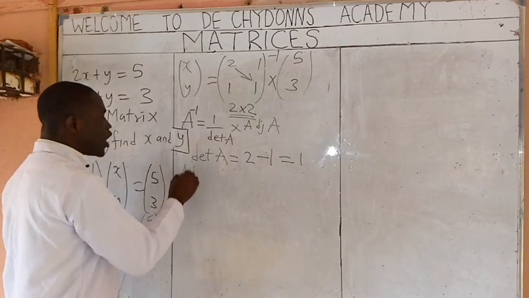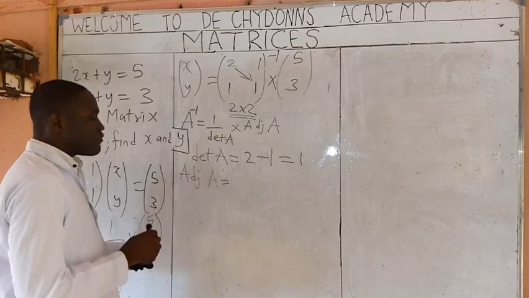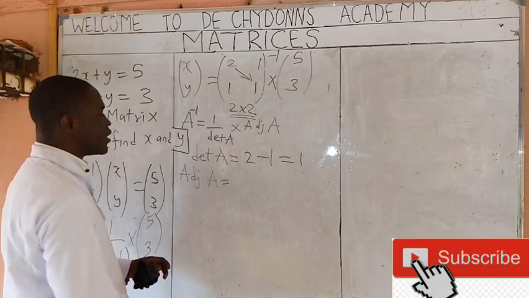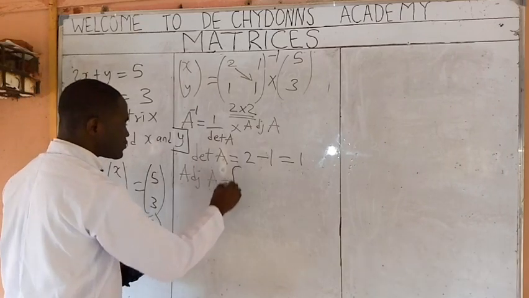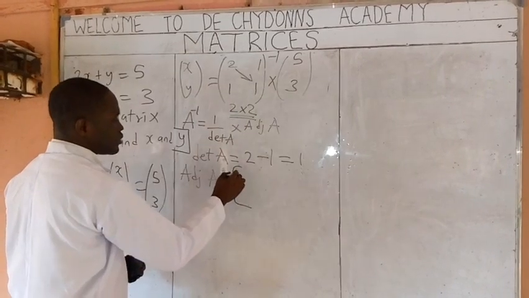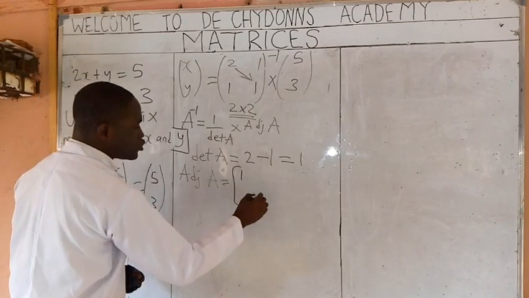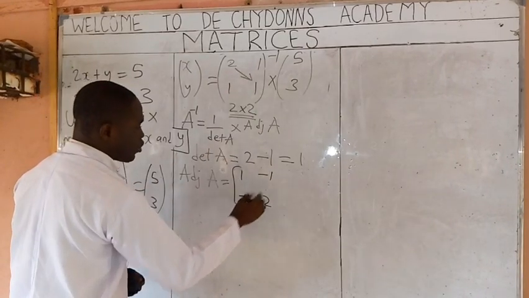Then get the adjoint of the matrix A. For you to get the adjoint of matrix A, adjoint means interchange the diagonal elements. This is 2, 1, they will interchange to 1, 2. Negate the off diagonal elements, minus 1, minus 1.